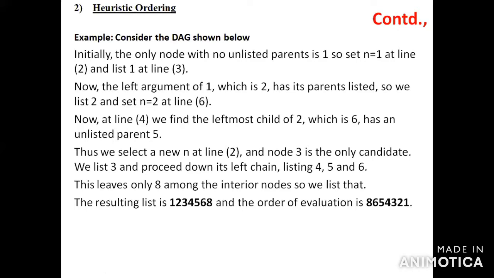Once visited only, you have to order in reverse, and select the new node. If it is not visited, you can go back to the root node, then again visit the right child of the parent. Okay, this is the procedure for the heuristic ordering algorithm.